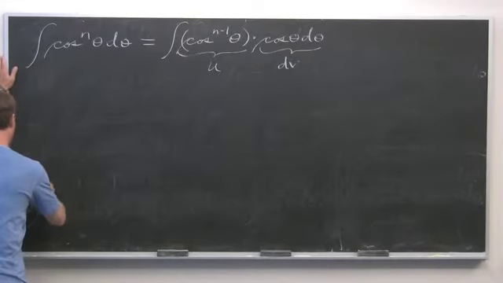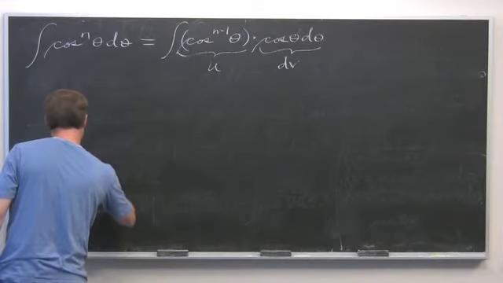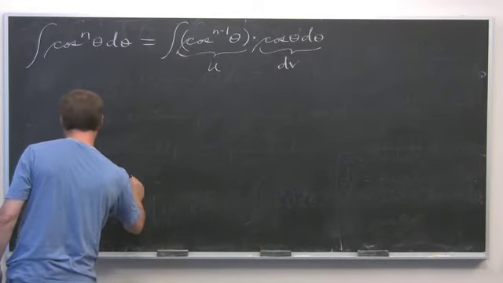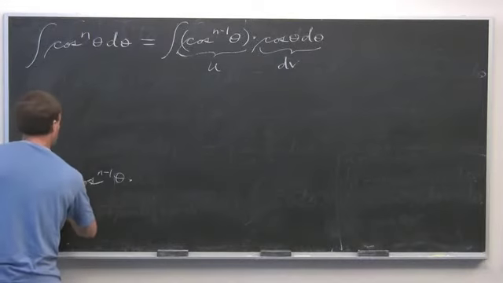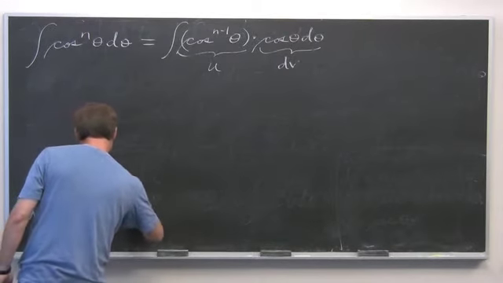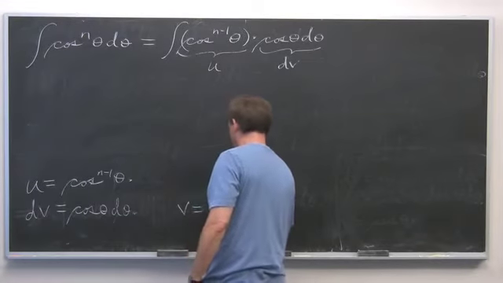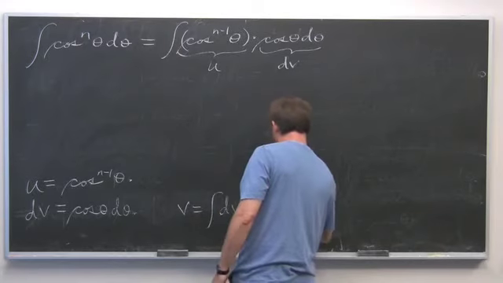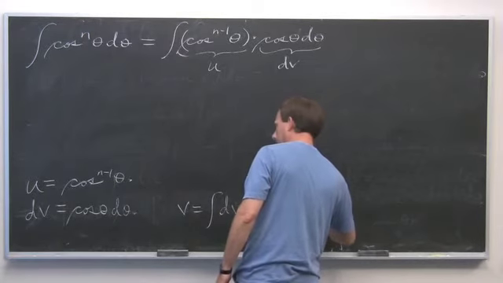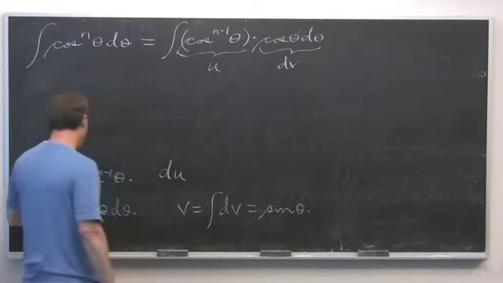If you do that, then u is cosine to the n minus 1 of theta. dv is cosine of theta d theta. All right, v is always the integral of dv, so that's easy. And we don't need the plus c, so v will just be sine of theta. du, you have to be careful.